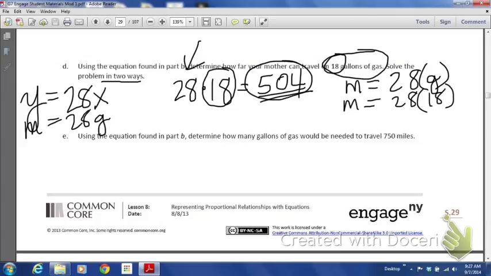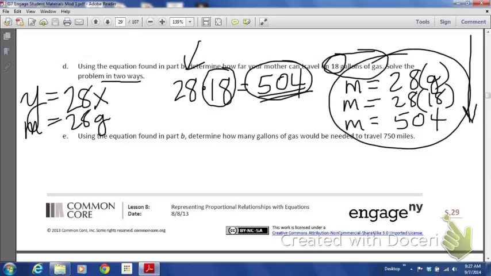And again, this is the idea of solving completely, something in the future you need to get used to, writing your solutions out, and then m equals 504. So more of a process here, but we still come up to that same answer, which is mom can go 504 miles if she had an 18-gallon tank.